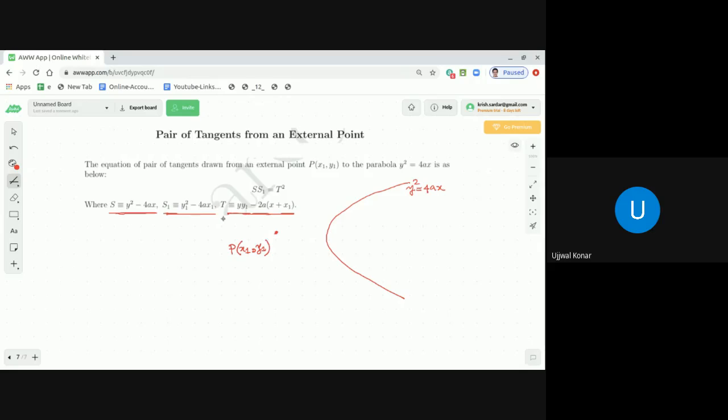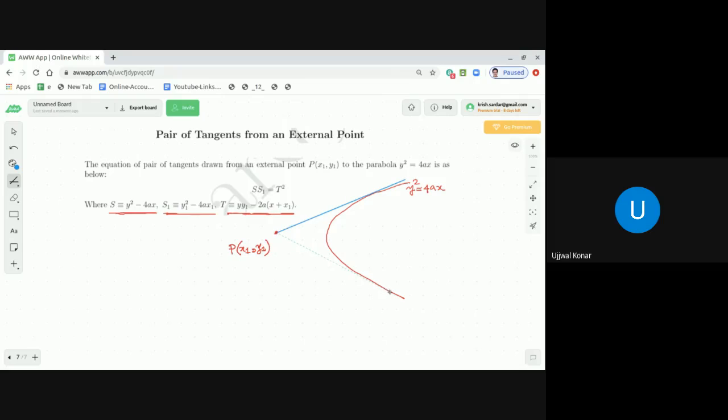Now we can draw two tangents to the parabola from an external point. Suppose these are the tangents I'm going to draw in blue color. So this is one tangent, and this is another tangent.